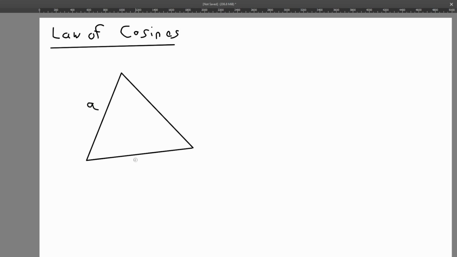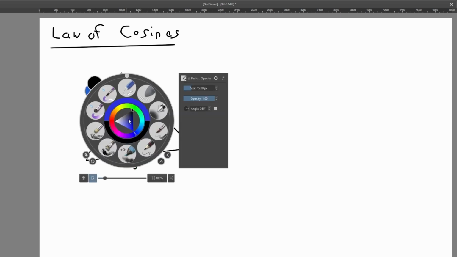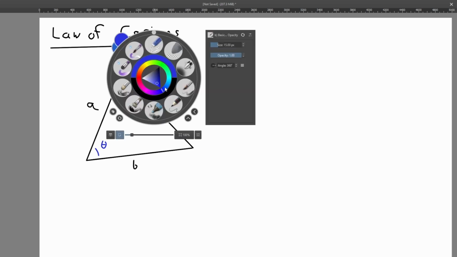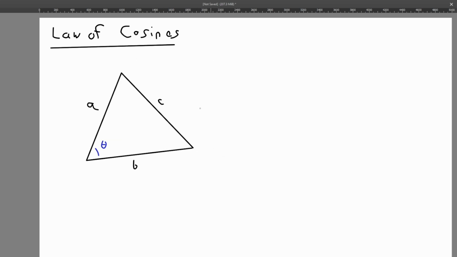Let's call side lengths A, B, and C, and let's say the angle between A and B is theta, and the law of cosines states that the length C squared is equal to A squared plus B squared minus 2A times B times the cosine of theta.